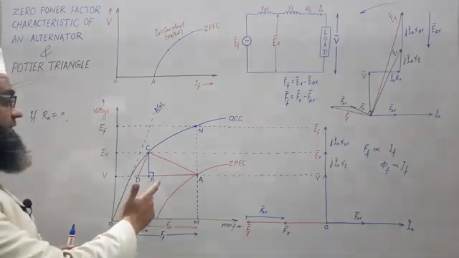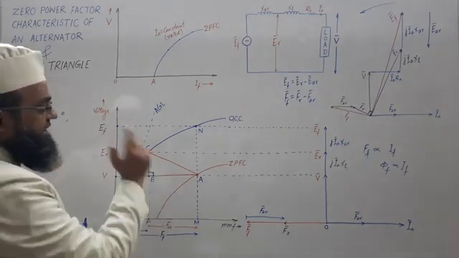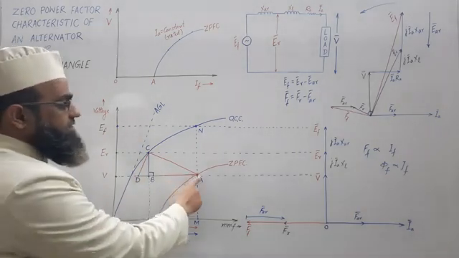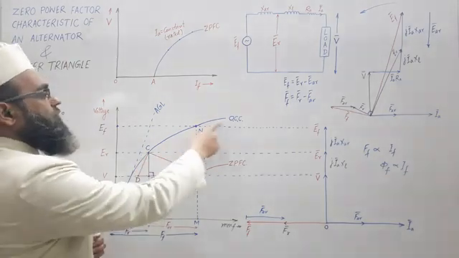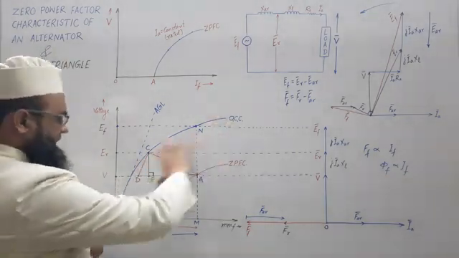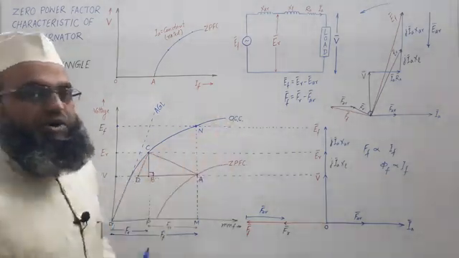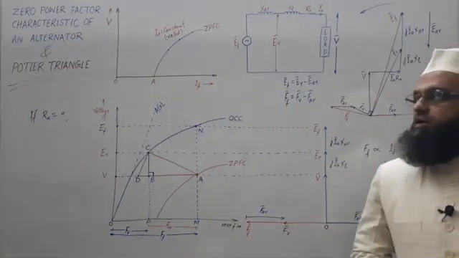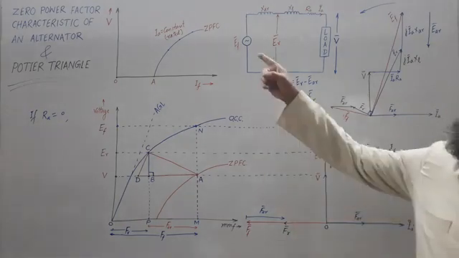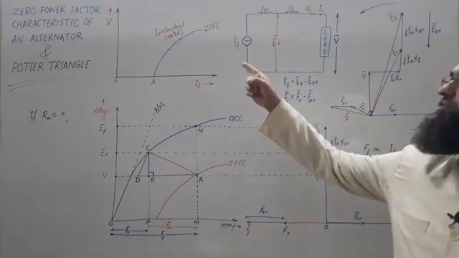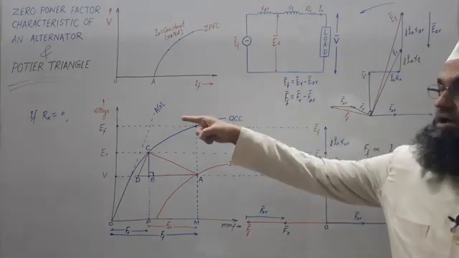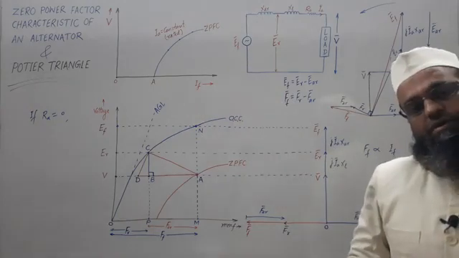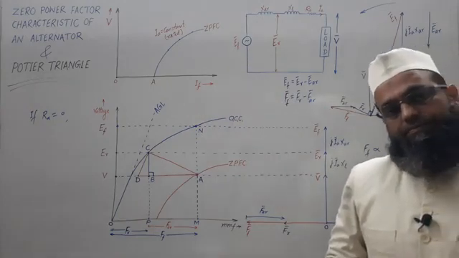We can shift this triangle by keeping this vertex A on ZPFC and C on OCC. We can shift this triangle anywhere because the size will remain constant as long as armature current is maintained at its constant value and RA is ignored.